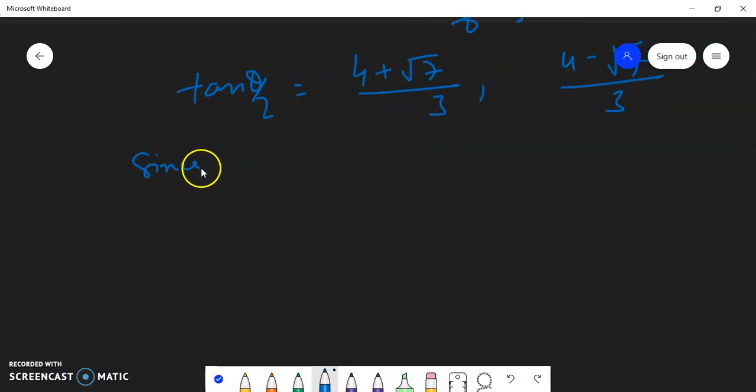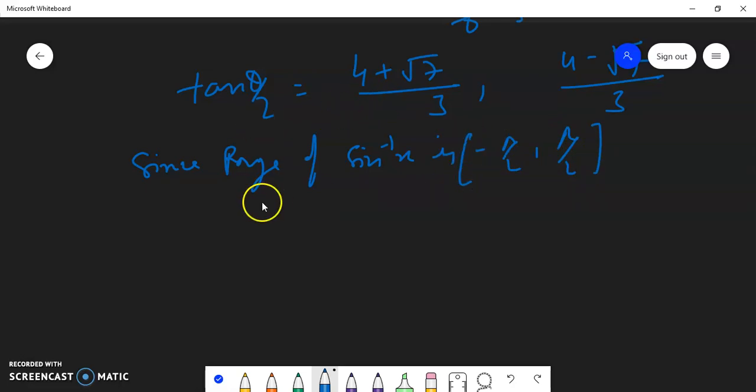Since the range of sine inverse x is minus pi by 2 to pi by 2, and 3 by 4 is positive, therefore sine inverse 3 by 4 lies in the positive part, so 0 to pi by 2.